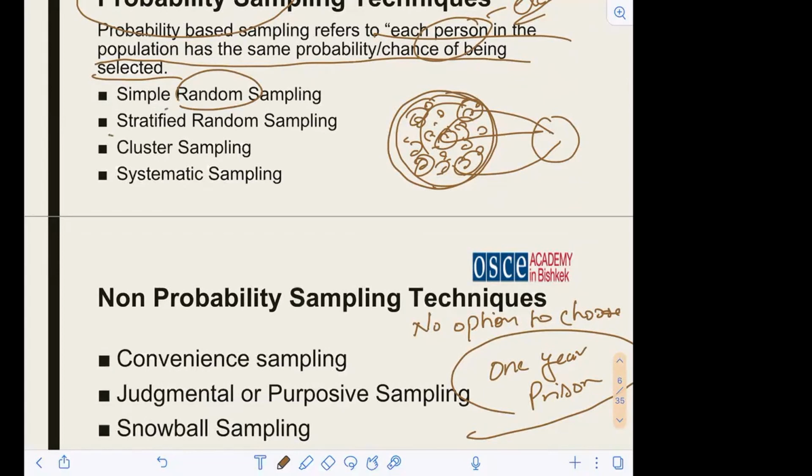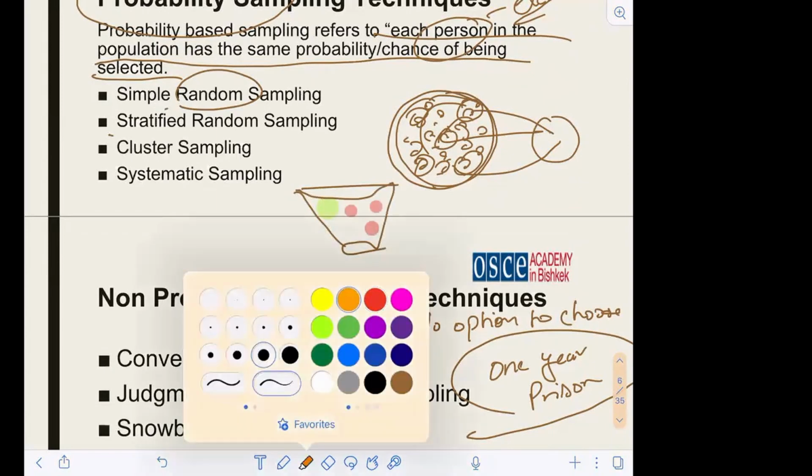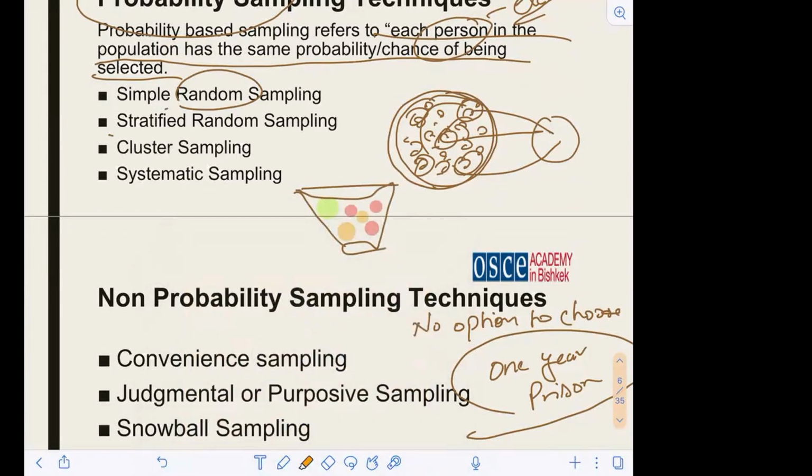let's say, for example, this is my basket. I have balls of different colors. Now I'm asking you, what is the probability of the parrot green being selected?